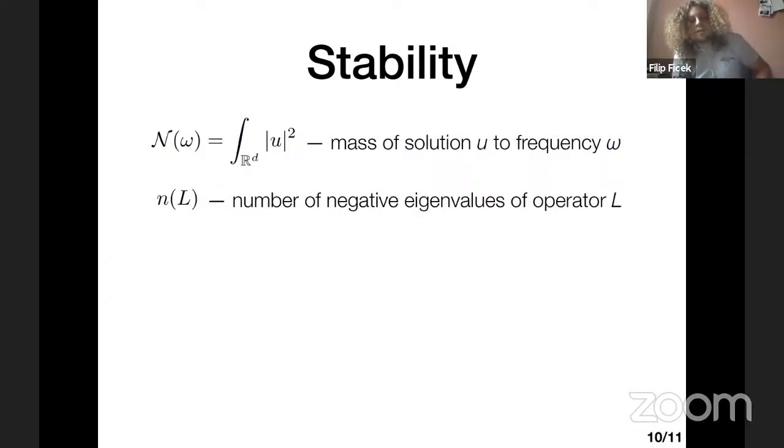And the other notion is that if L is a linear operator, let N of L be the number of negative eigenvalues of this operator.